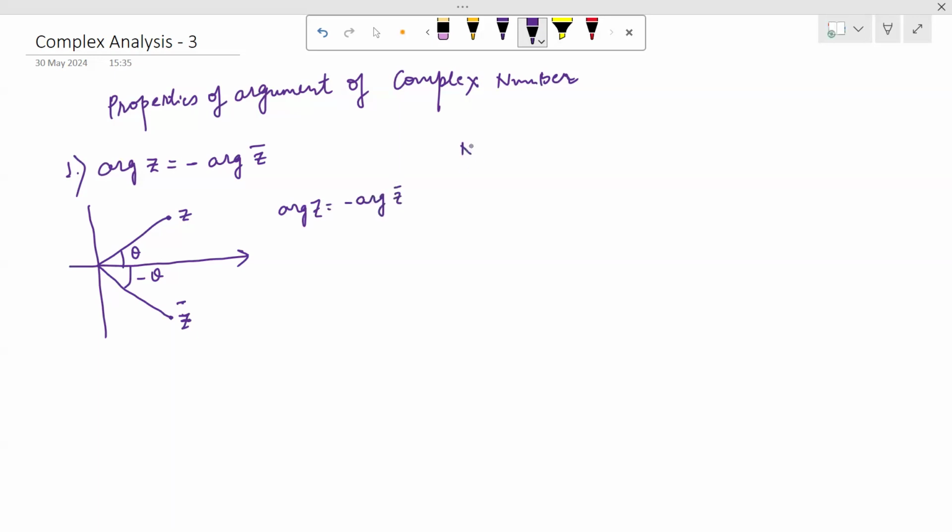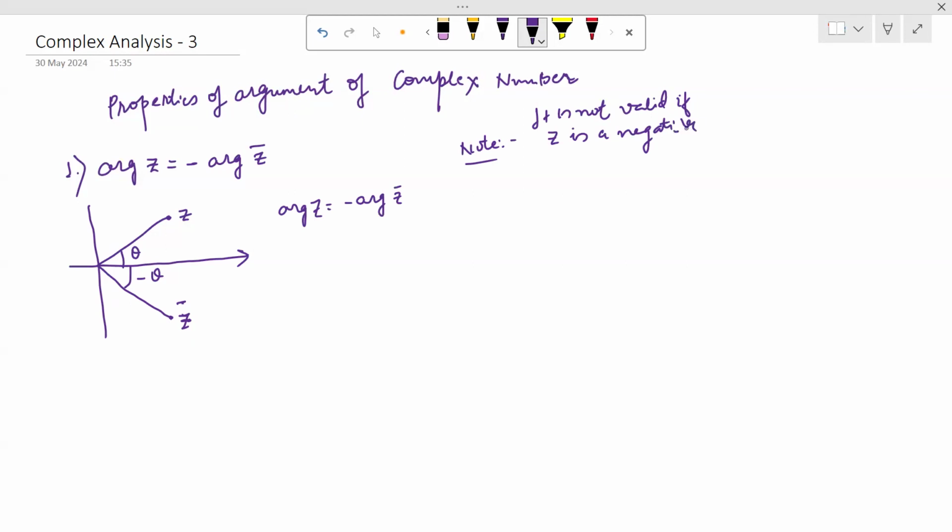However, please note that this property is not valid if Z is a negative real number.